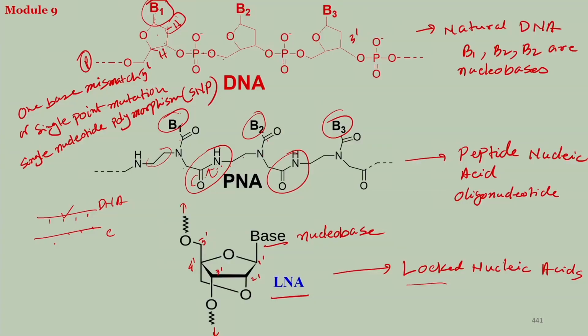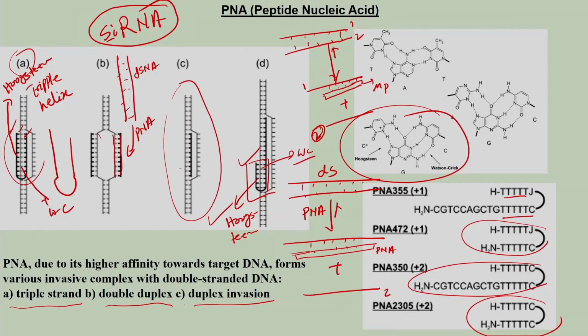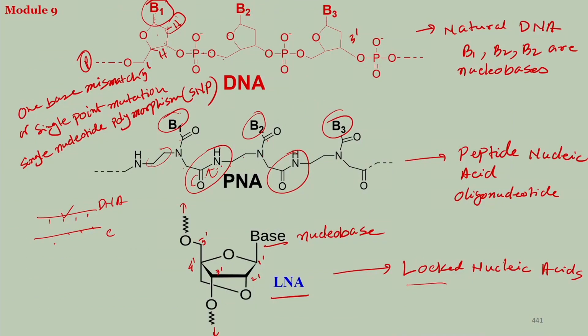So, the question is, what makes PNA have such strong binding with the target DNA? In other words, I should mention here, very important, as I said, that strong binding means higher melting temperature.